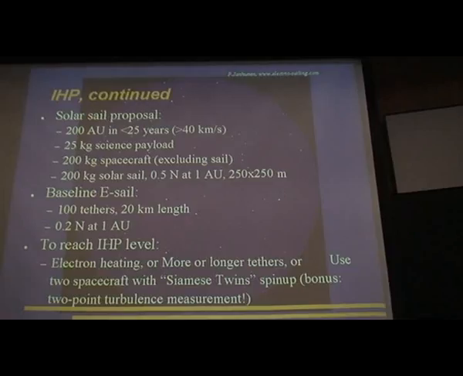We would have two spacecraft launched at once, separated in space and spun in opposite directions to get the spin-up for them, and then they would fly independently. This would bring some scientific bonuses: it would give a two-point measurement of the heliopause region turbulence, and the Pioneer anomaly study would also benefit from having two independent measurement points.